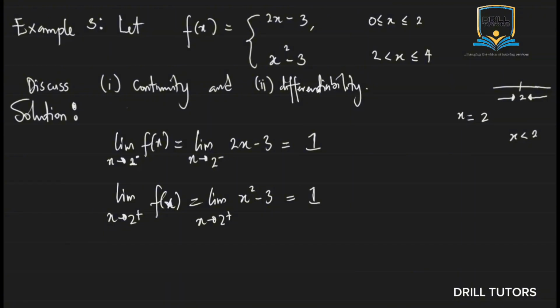From what you can see, the limit does exist. Do you understand? The limit does exist. And if you put 2 into these functions directly, you will get the defined value 1. And that tells us that the function is actually continuous.